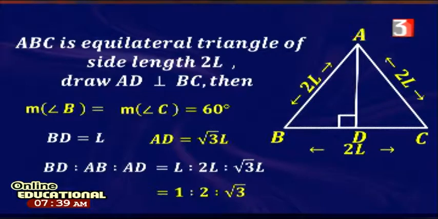It means that the ratio of BD will be 1, the ratio of the hypotenuse will be 2, the ratio of the third side, which is the perpendicular AD, will be square root 3. That's correct. It's a very important rule. The ratio between the three sides BD, AB, and AD will be 1 ratio 2 ratio square root 3.